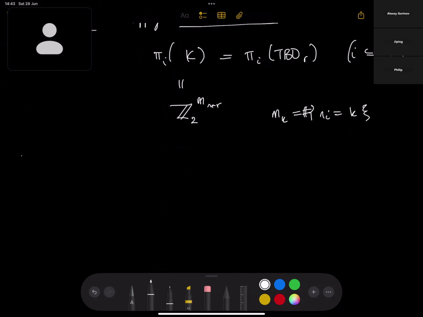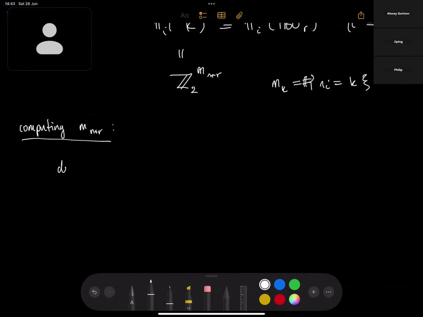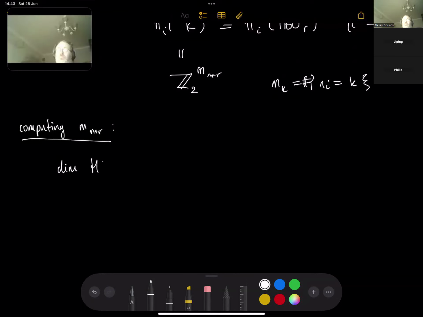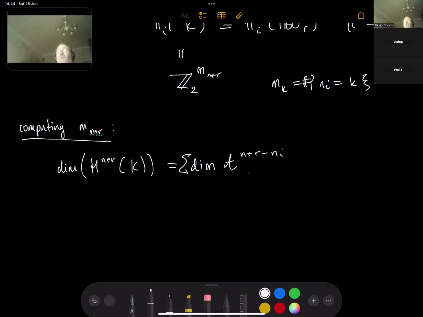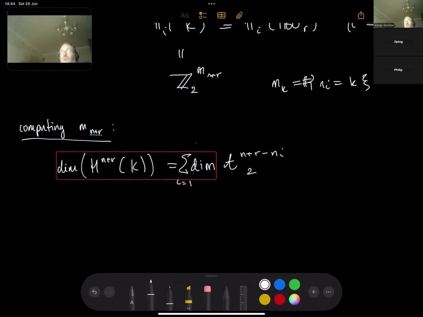So, computing M_{n+r}: we've seen that the cohomology of K is the same as the sum of the Steenrod algebras in respective degrees, so we get the sum of dim A^{n+r-n_i} from i equals 1 to m.